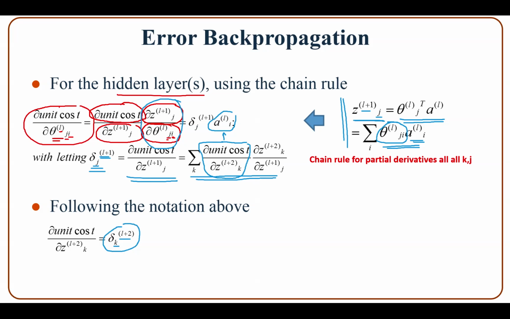If you do this again and again until L plus 2 becomes L, then the error the output node made at the output layer is simply the difference between the hypothesis value and the target value. Now in the next page, we continue to expand this term.